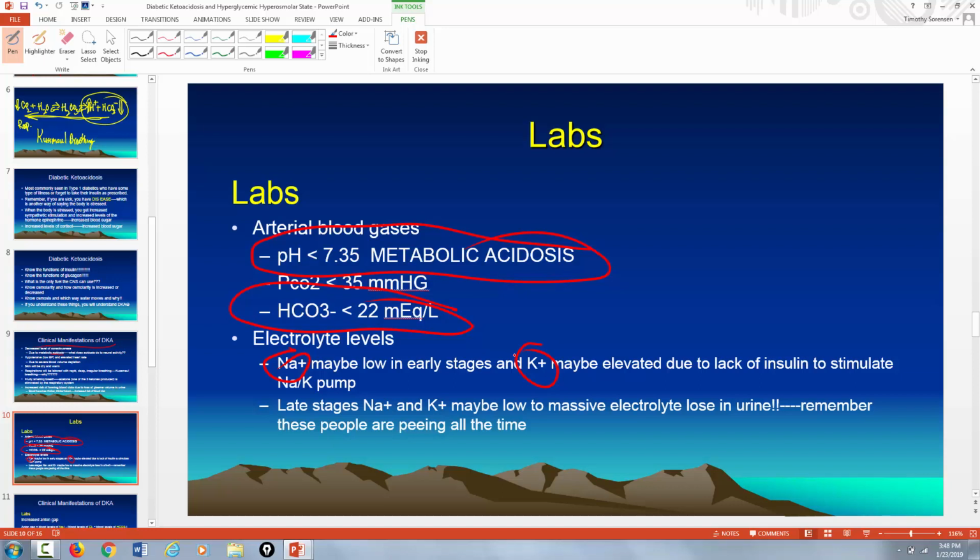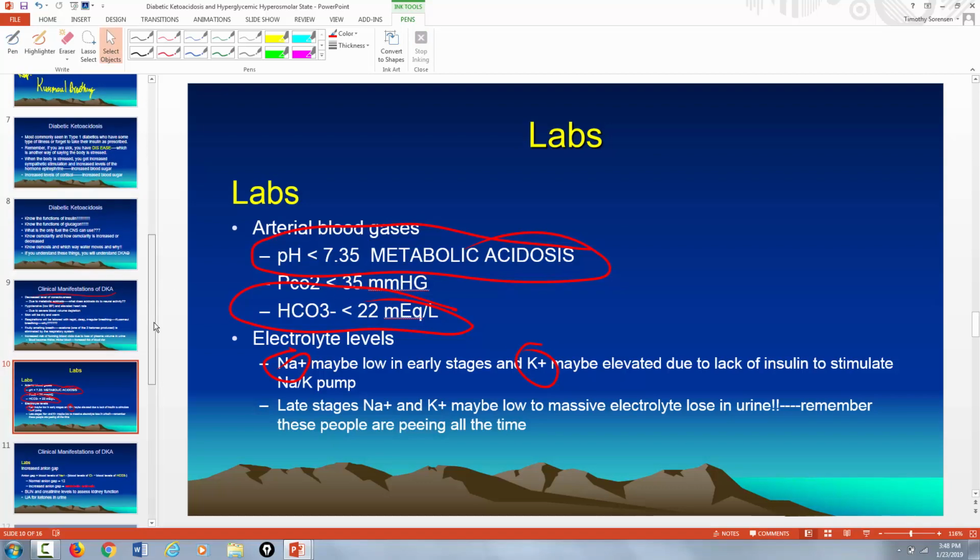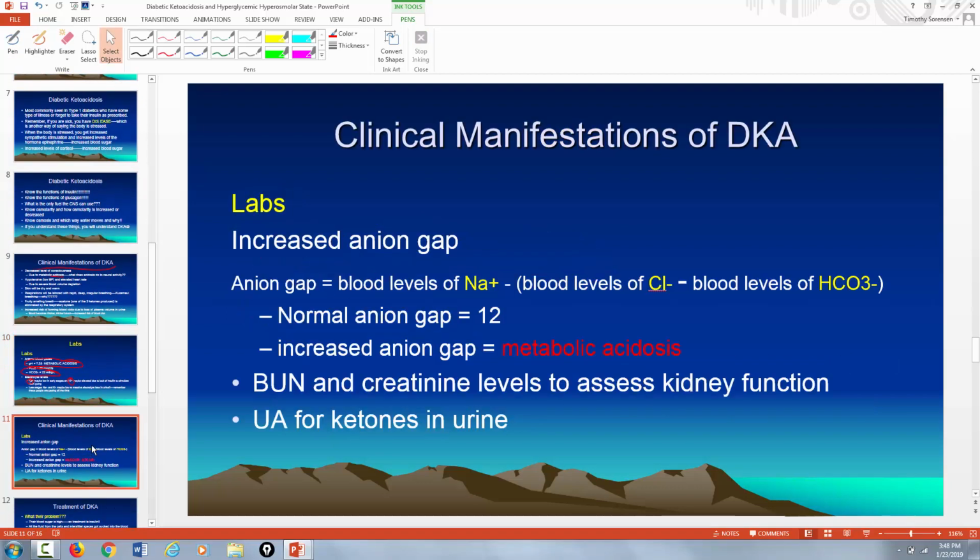But due to that massive diuresis and loss of glucose and electrolytes in the urine, they can become hyponatremic and hypokalemic. All right, and remember that insulin stimulates that sodium-potassium pump and drives that potassium into the cell. So that's important, and I'll explain why in a minute.